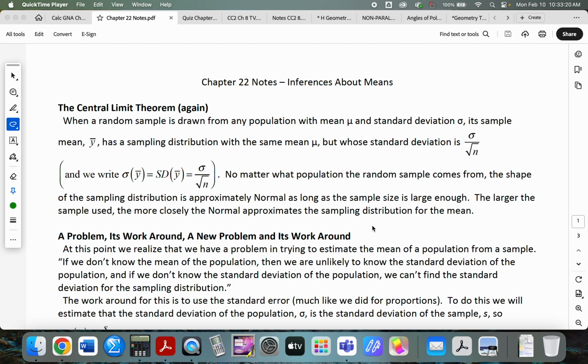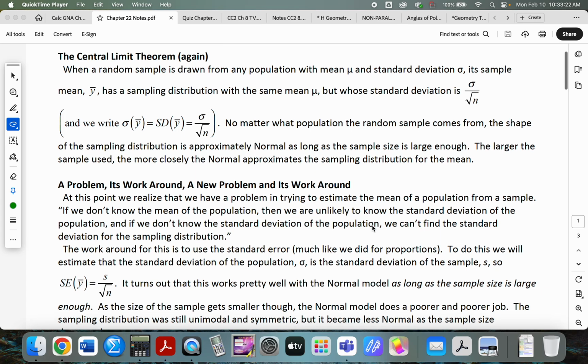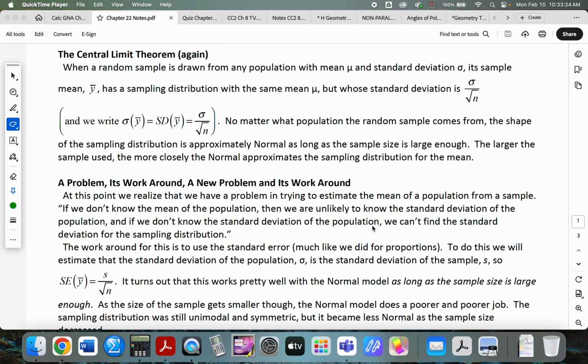All right, so, a reminder of the central limit theorem. If you draw a random sample from any population, it doesn't matter if it's skewed, bimodal, whatever, with a mean of mu and a standard deviation of sigma, its sample mean, y bar, has a sampling distribution with the same mean, but whose standard deviation is sigma over the square root of n, where n is the number in your sample.